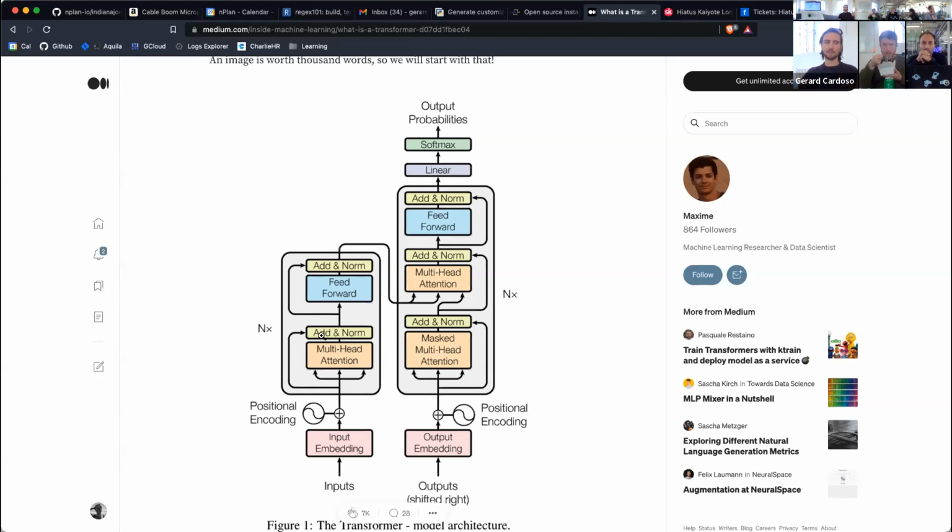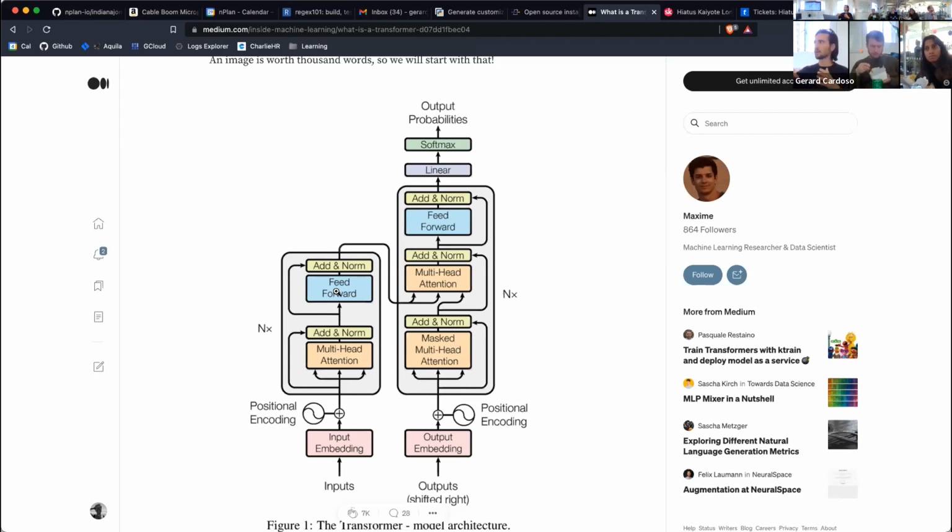It splits them and then performs attention across all of the input tokens. And then it also passes, and this is important as well, the initial input through a residual connection. Then it applies two feed forward layers.